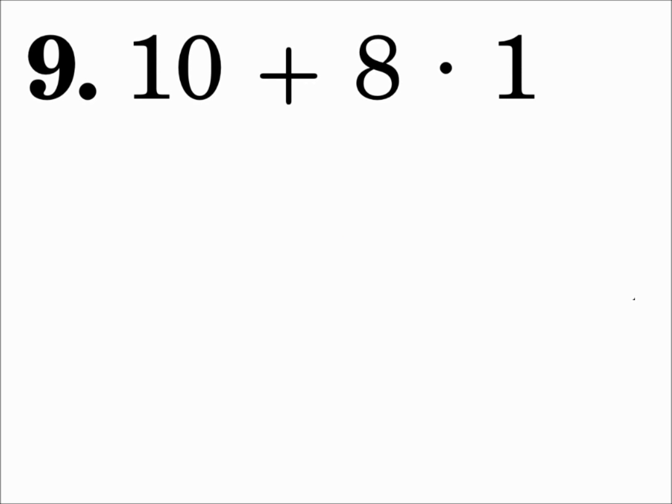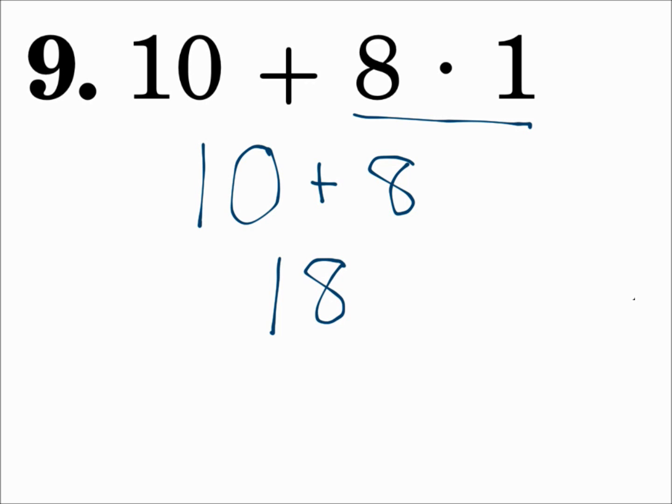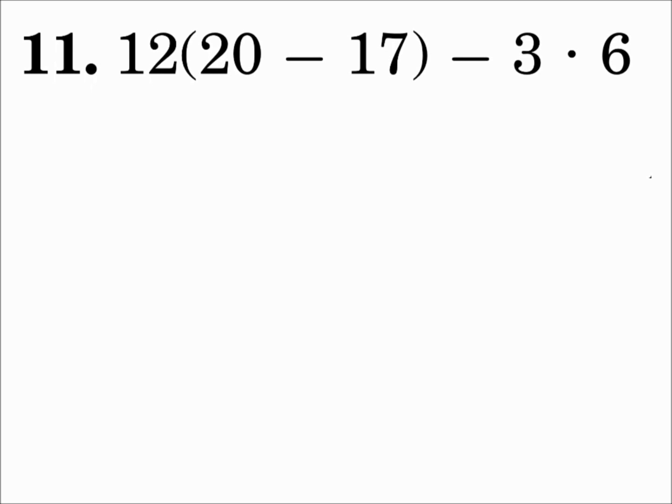Number 9, you have addition and multiplication. Please excuse my dear Aunt Sally. Multiplication is before addition, so do 8 times 1 first. 8 times 1 is 8. Now you have 10 plus 8, which is 18. For number 11, please excuse my dear Aunt Sally.